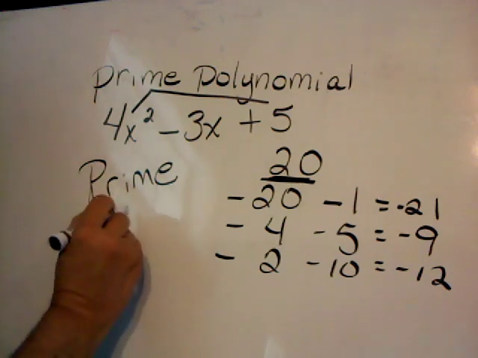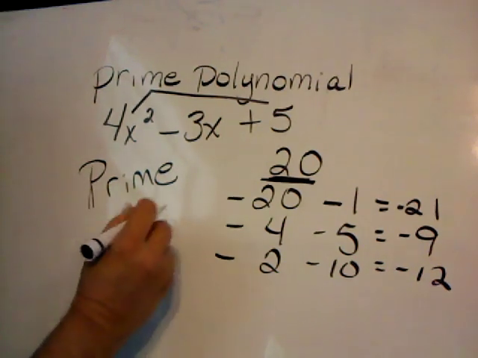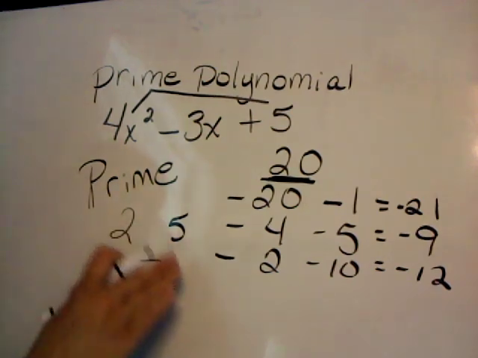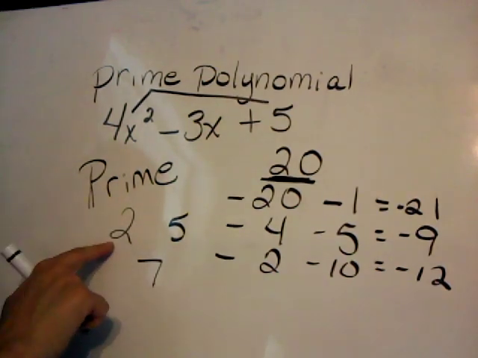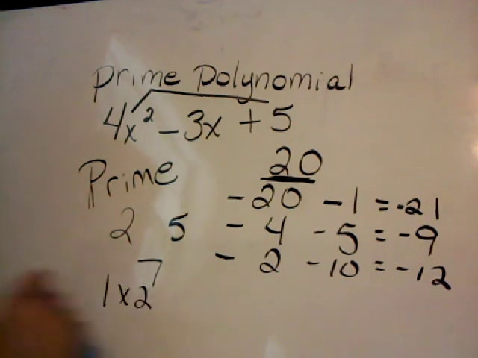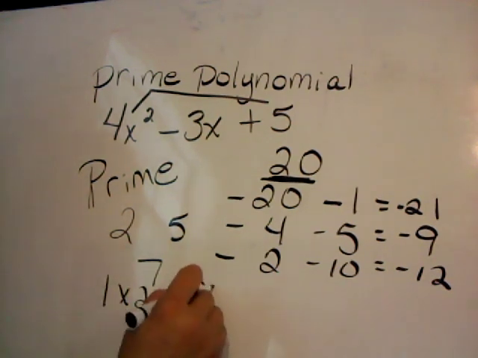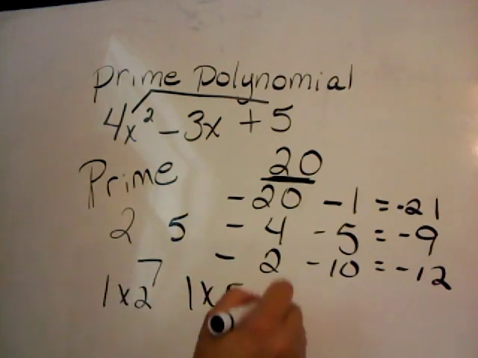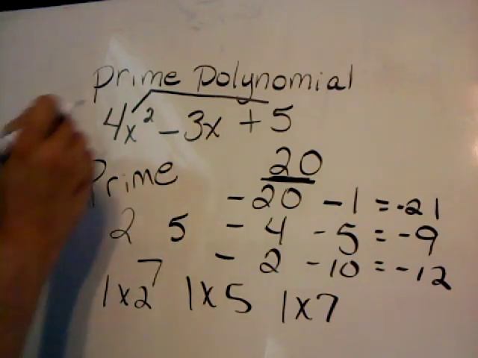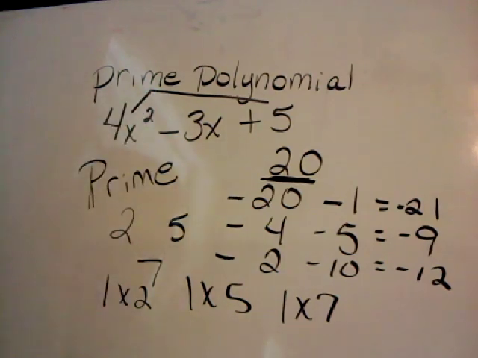For example, remember our numbers 2, 5, 7. Those were all prime numbers. There's nothing that you can get out of a 2 except a 1. 1 times 2, and that's it. It is a prime number. 1 times 5, that's it. 1 times 7, that's it. 13 is a prime number. Well, you can have a prime polynomial.